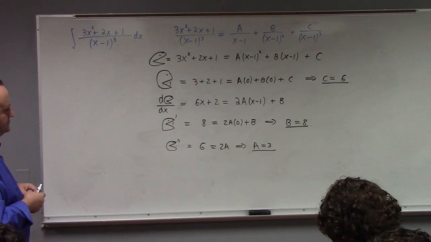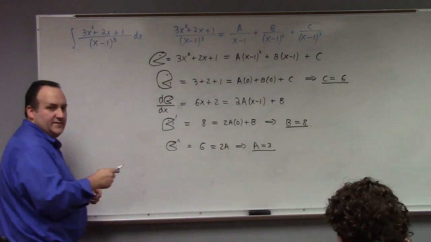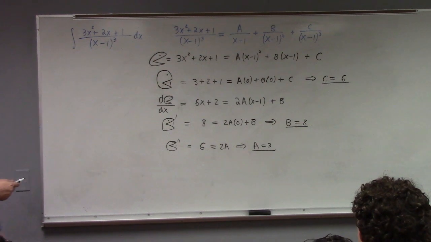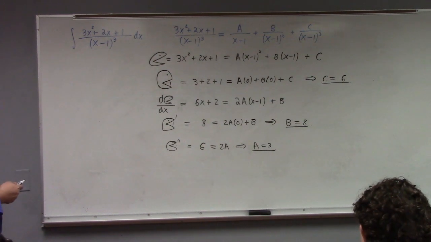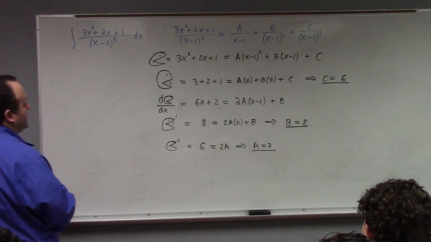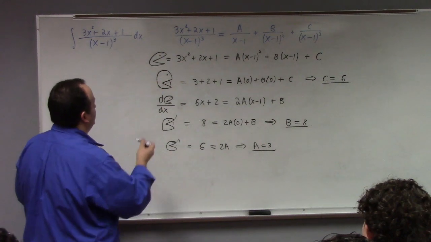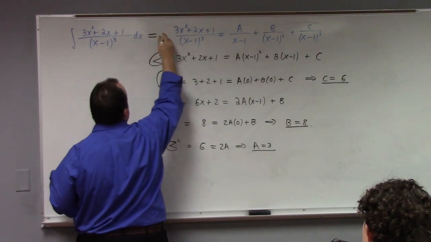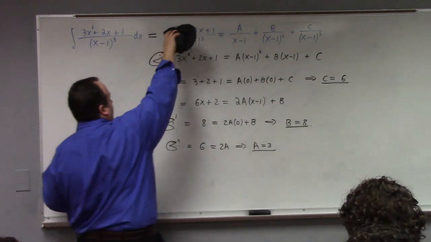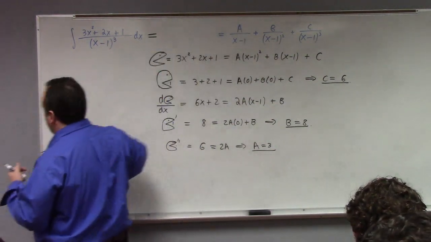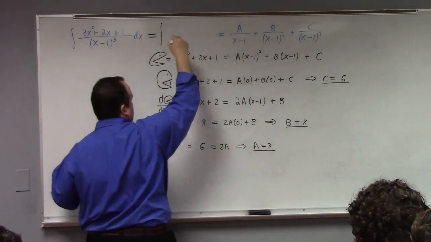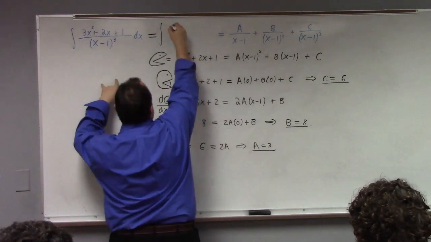Can you guys see if I write down here? Poor planning. I should have put this over here. Let me put the answer I just found up at the top of the board, if you guys don't mind. So we're looking at the integral of what? A was 3, so we've got 3 over x minus 1.